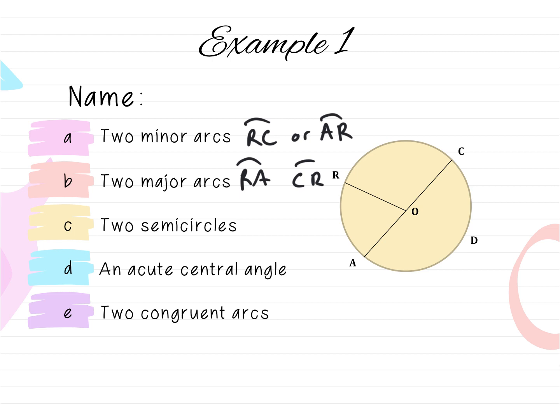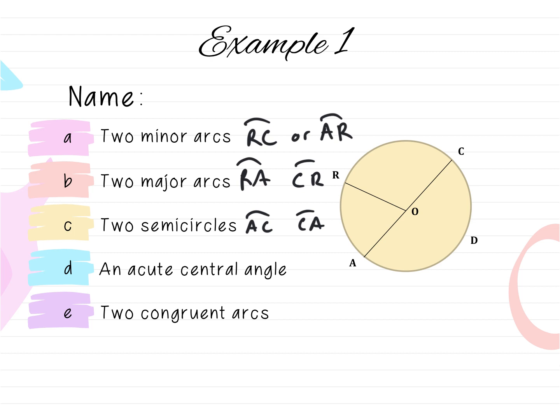We have two semicircles. So we can name one semicircle being AC. We can also name it CA, but that's going to end up being the same thing. Actually, if we name it CA, if we go this way or this way, it's still going to be a semicircle. It just depends on how you call it.